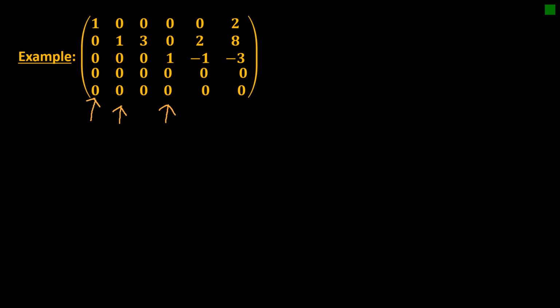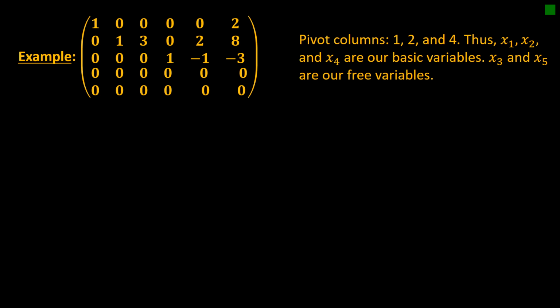Okay, that's good. So the pivot columns are 1, 2, and 4. The sixth column not being a pivot column, assuming this is an augmented matrix from a system, means that there is going to be a solution. And in fact, the pivot columns are 1, 2, and 4. Thus x1, x2, and x4 are our basic variables. The variables that correspond to non-pivot columns, x3 and x5, are our free variables.